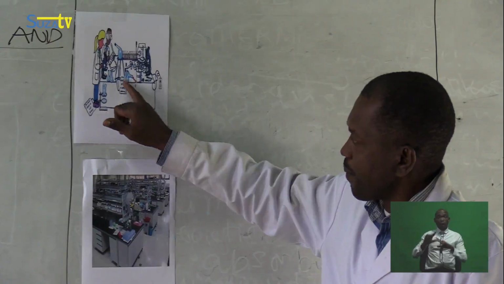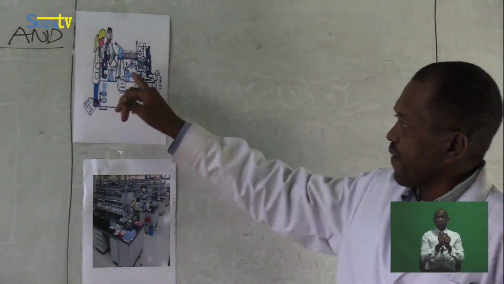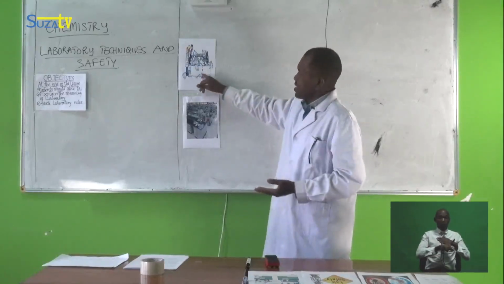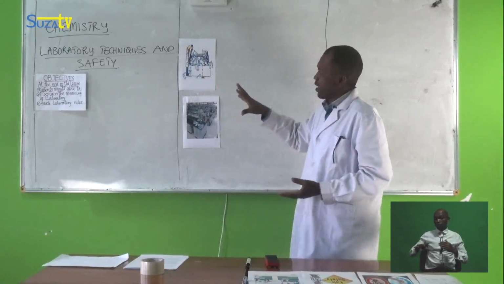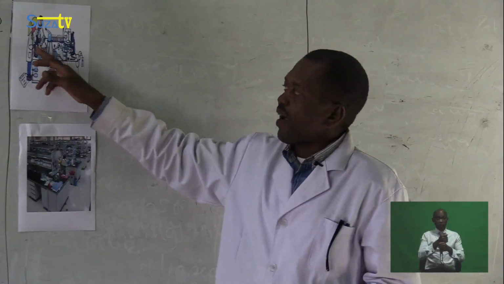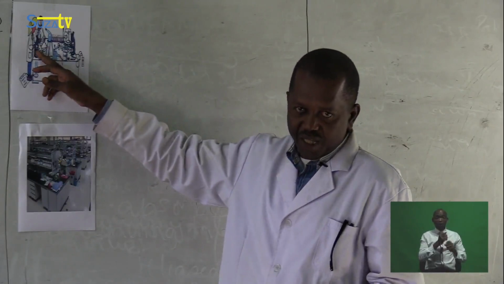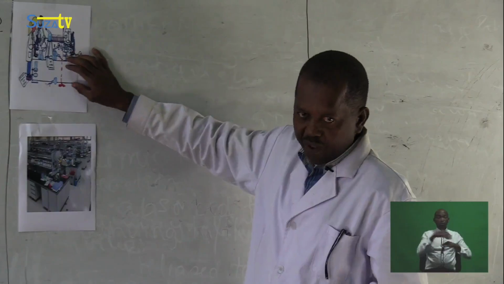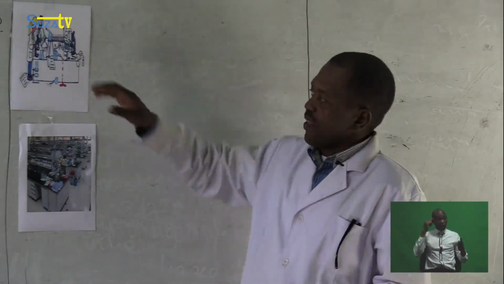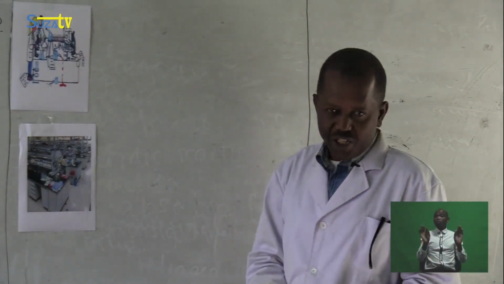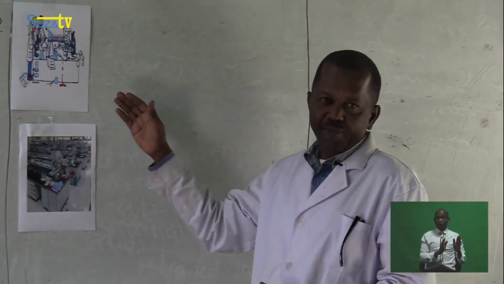There are also some apparatus falling down, and what is inside is spoiled. So there is more than one activity: while they are carrying out an experiment, at the same time something goes wrong. It means the laboratory is not well managed, and that is why we need to have rules.